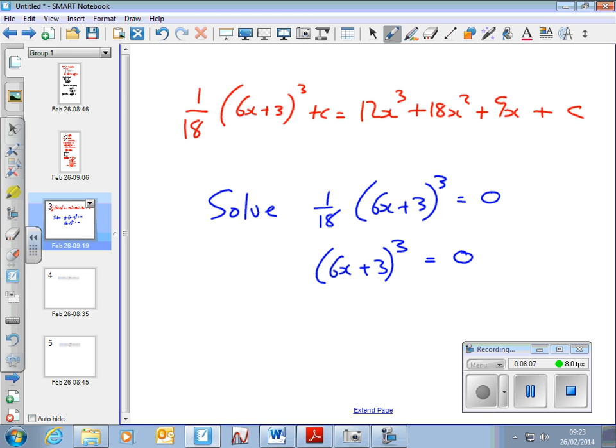I can find the cube root of both sides, because the cube root of 0 is still 0. So in other words, 6x plus 3 must be 0. Because this is 0 on the right, I can say if that whole lot's 0, then this bit must be 0. And more than that, I can cube root both sides and say that's 0. So all I actually end up having to solve is that little equation to find out what x is.